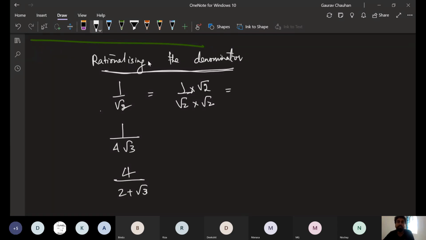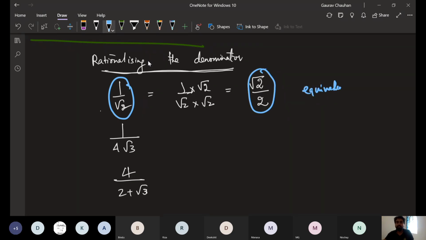So this becomes what? Dinesh, can you tell me the answer? Root 2 by 2. Perfect. Nothing happened, this fraction and this fraction are equivalent. But if we get an answer like this, we will convert it to this form and keep. Are we all good with this so far? Any questions?